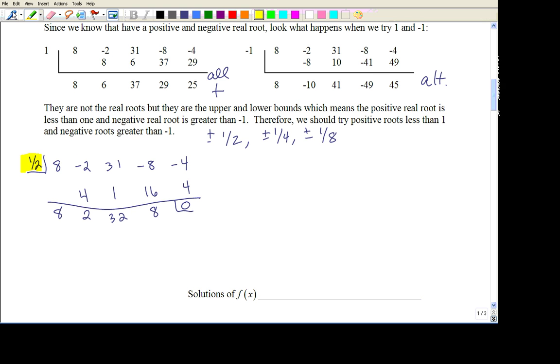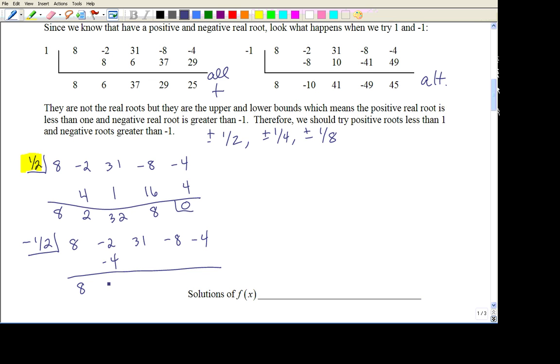Okay, let's try negative 1/2 and see if that one works. Again, we'll go back to using the numbers from the original polynomial. We bring down the 8, times negative a half is negative 4.